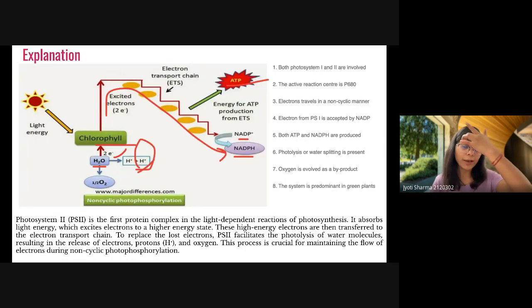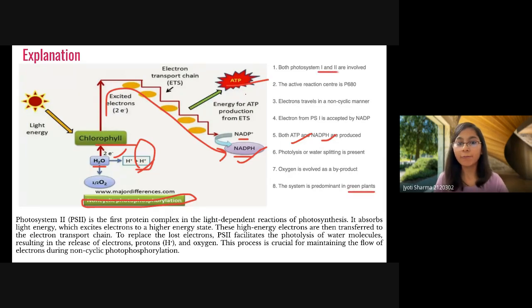So if we do have the non-cyclic photophosphorylation, then we have both an ADPH and ATP that will be produced. And this is very common in the green plant.